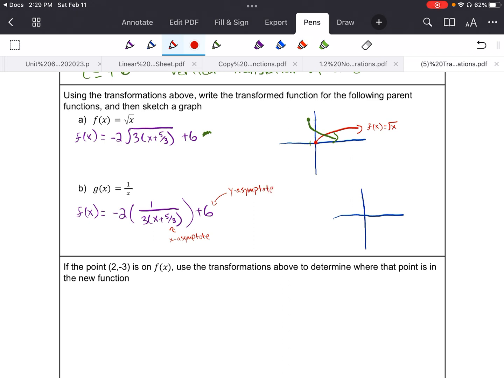Okay, so at +6, we're going to have an asymptote. At -5/3, there's going to be another asymptote. So remember, it gets closer and closer to that line, but never actually touches. So it's going to look like this. It'll look like that.